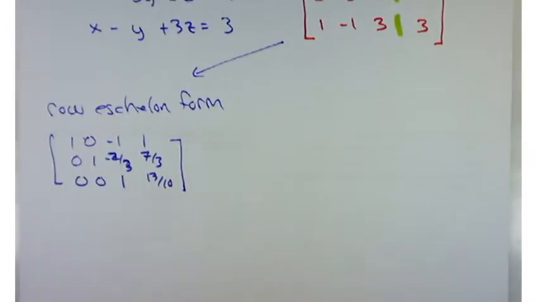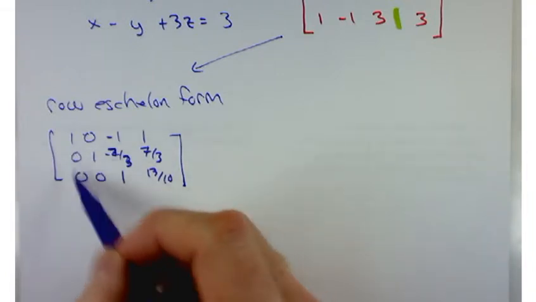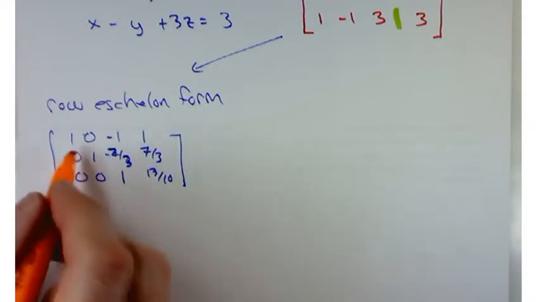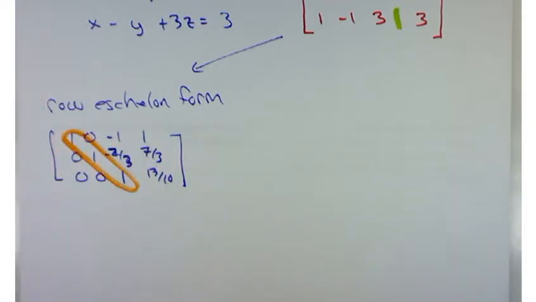Now, what I want you to get out of this is what row echelon form looks like. You've got zeros below this main diagonal here. And that makes this a much friendlier system of equations to work with.